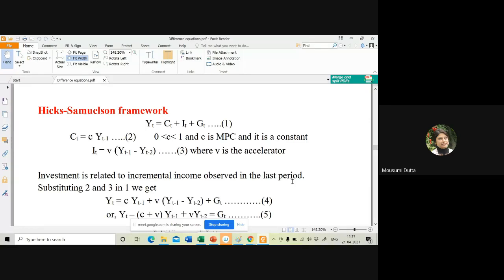Now look at the I_t equation, the investment equation. Here the investment equation is a bit different from that of Samuelson's framework.